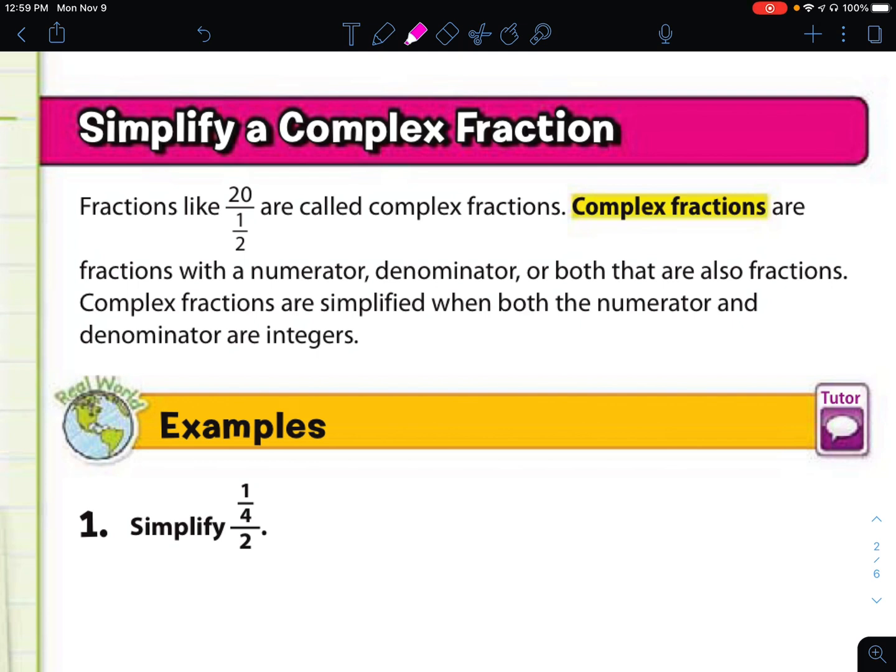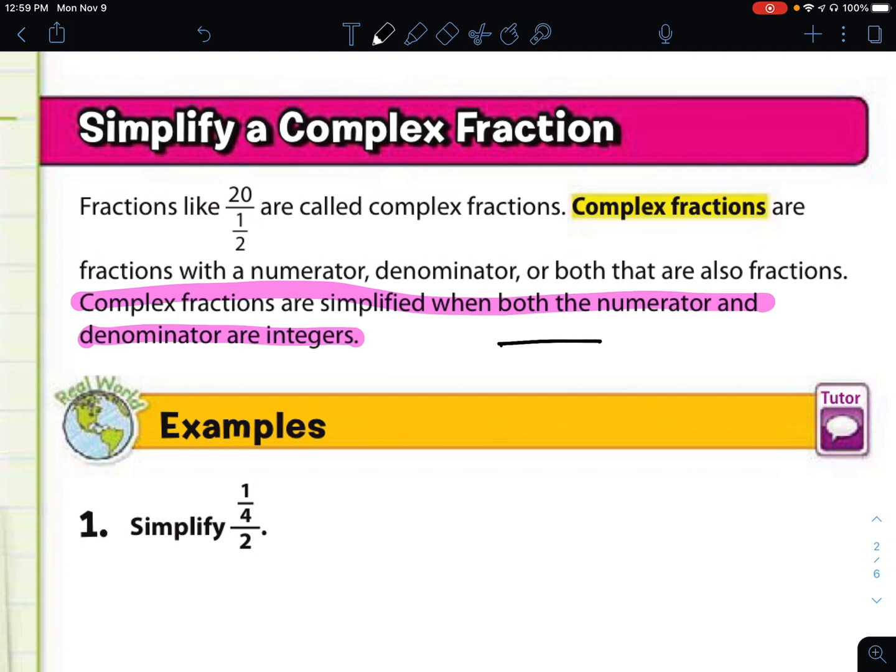Complex fractions are simplified when both the numerator and denominator are integers. Meaning to say, complex fractions are simplified when both the numerator and denominator are integers. So there should only be one fraction bar, in simple terms.